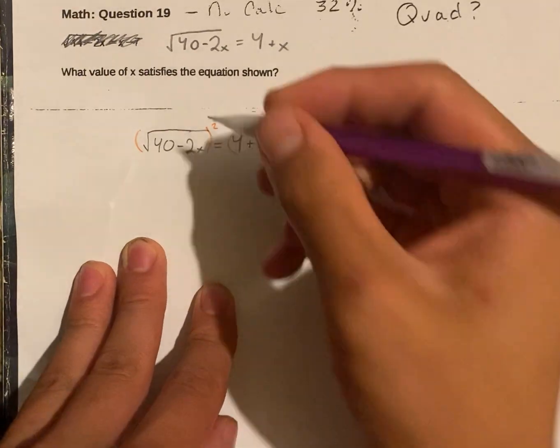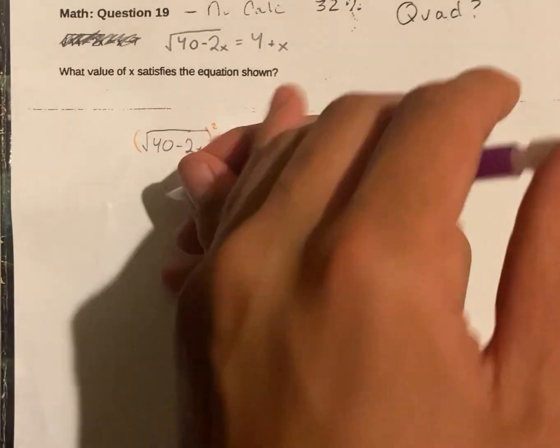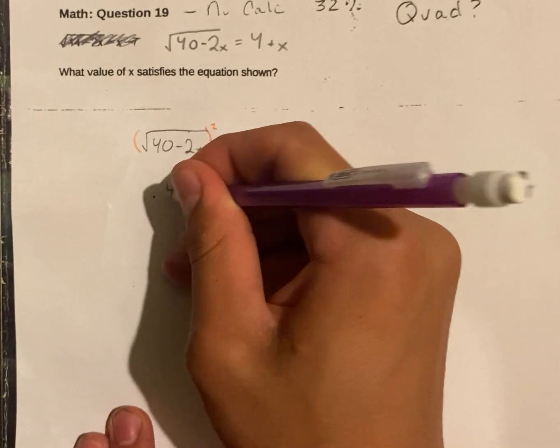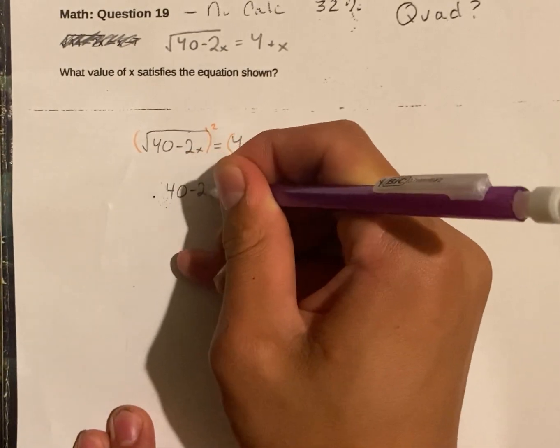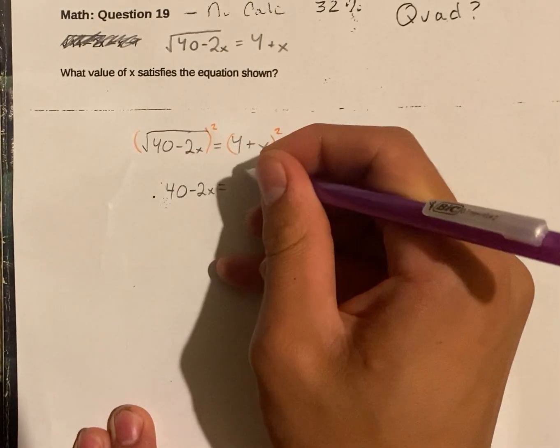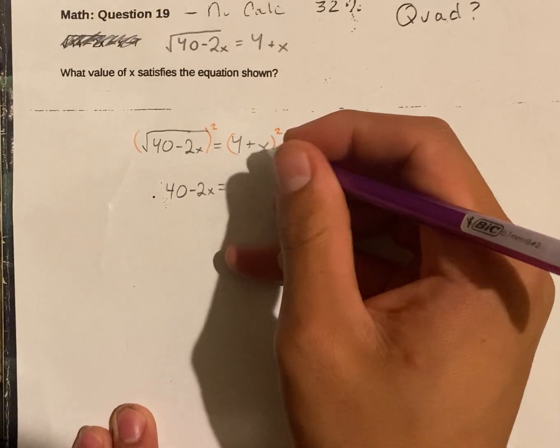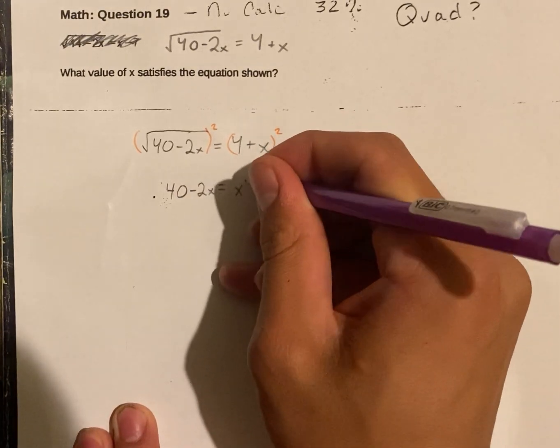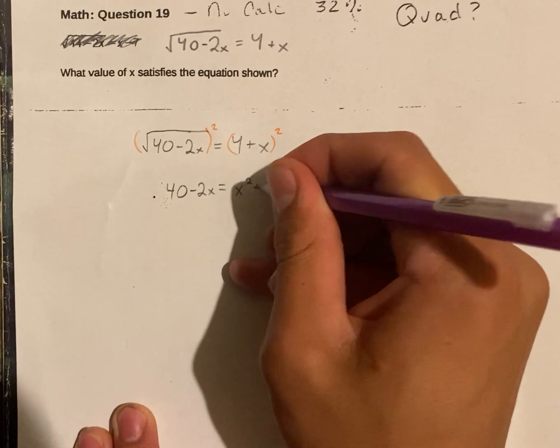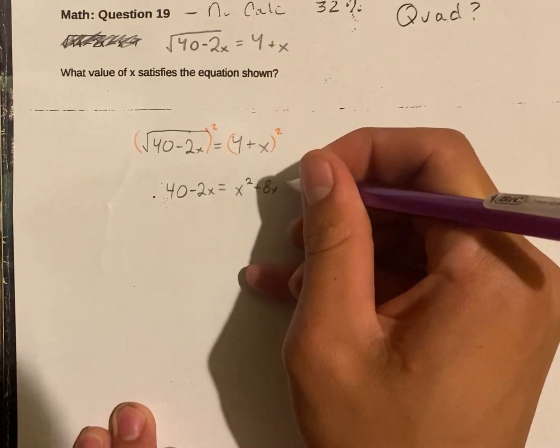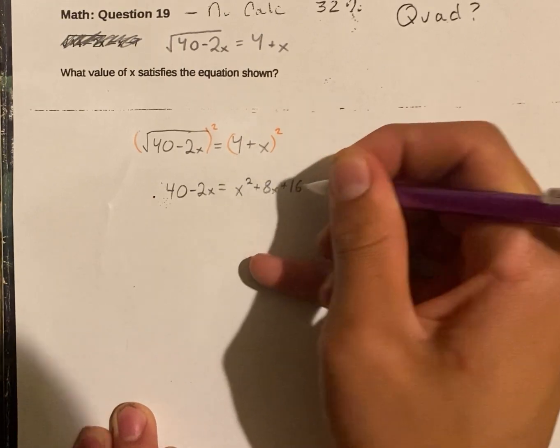All right, and that leaves us with 40 minus 2x equals, and by using FOIL in this situation, it gets you x squared plus 8x plus 16.